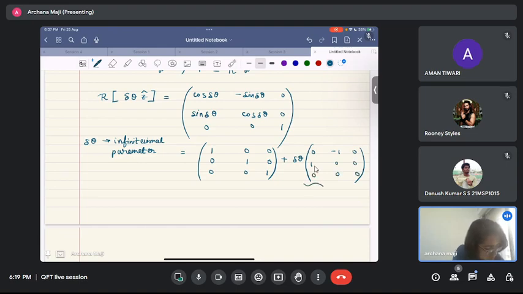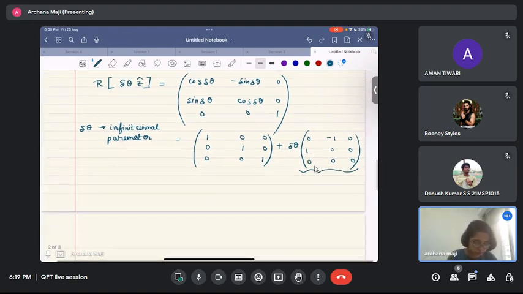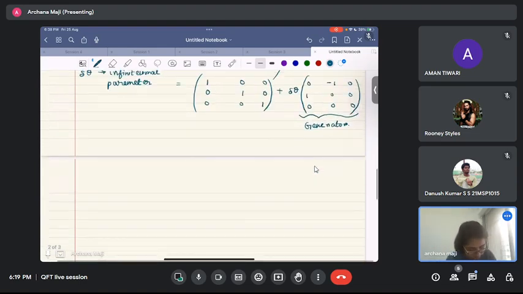So basically this is nothing but the matrix representation of the corresponding generator, which is generating this particular rotation.